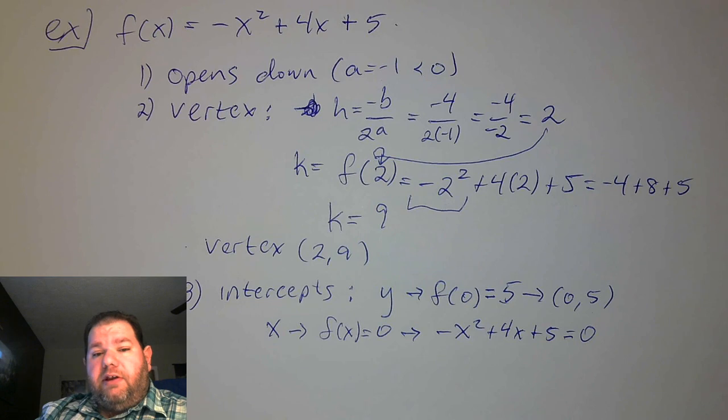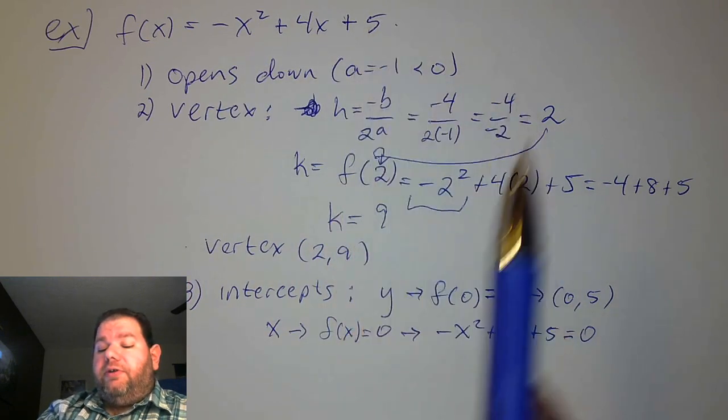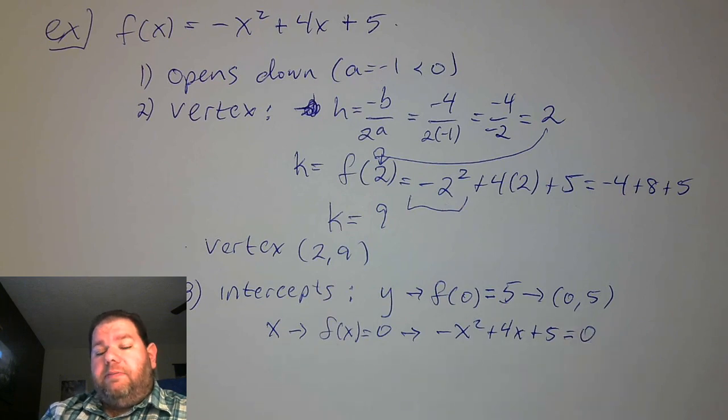We didn't write it in standard form this time. Standard form is really just a way of showing that we can connect the transformations to the other aspects of the function. In general, though, we prefer to leave it as it is and then find all these things based on that. Okay.